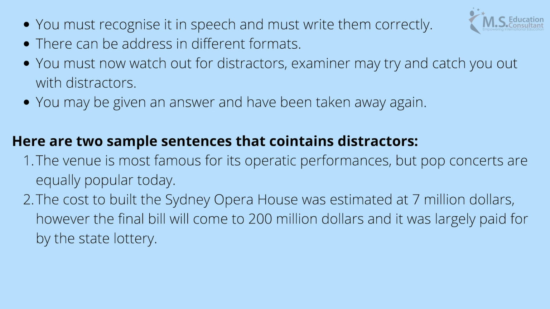But the word however adds a different aspect to this statement. It says the final bill will come to $102 million and will be largely paid for by the state lottery. So the words however, but, and so on will change the complete aspect of the statements. These are the distractors, right? You need to be very careful.